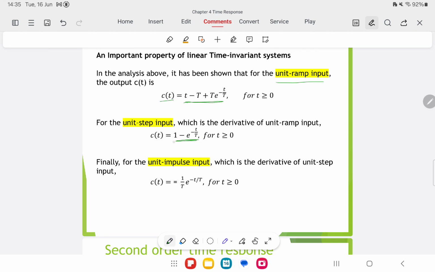When we take the derivative of this one, we can get this one. Right? So differentiate this one and you can get this, and differentiate again you can get this. The ramp derivative gives the step, the step derivative gives the impulse. And the impulse response can be obtained from the step response differentiation.